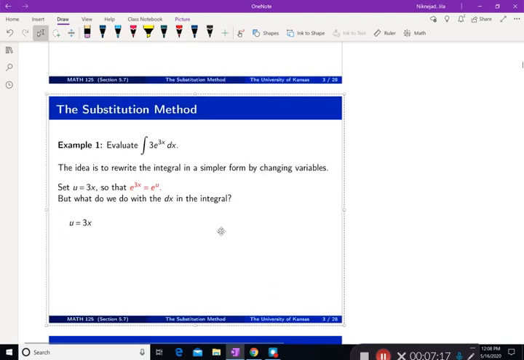Then you take the derivative of u, and the du, or the differential of u, is going to be the derivative times dx, and so you replace it.